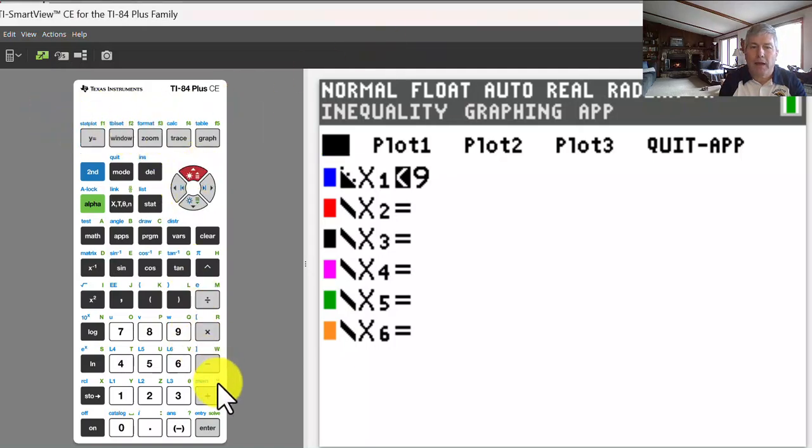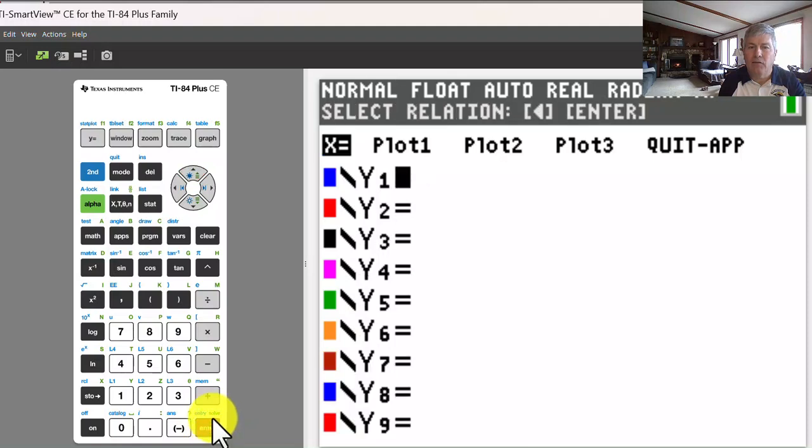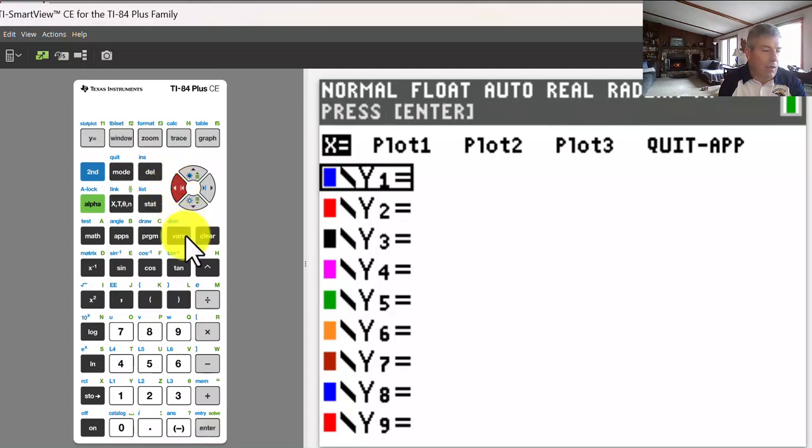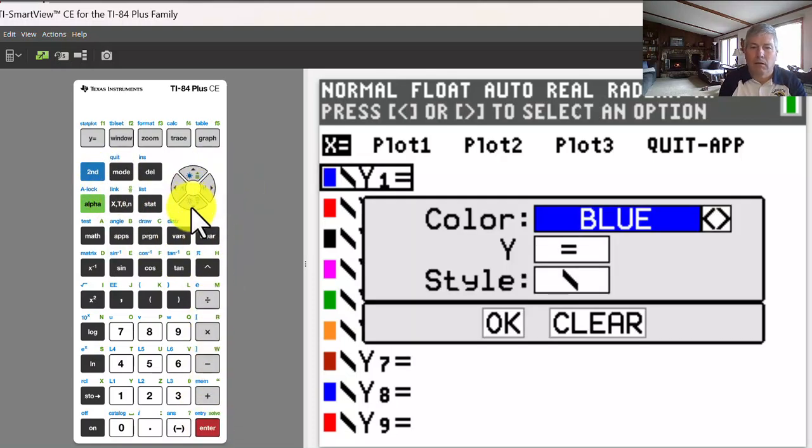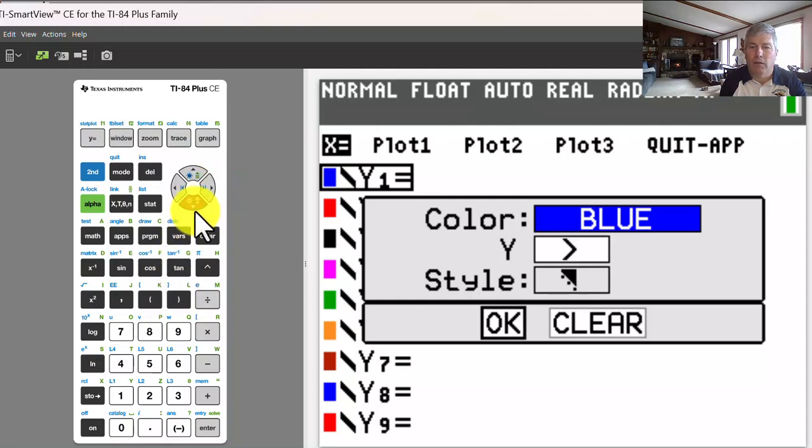I'm going to cursor back up to the y equals, highlight that, hit enter, and now I'm going to put my y equations in. We want y is greater than x. So I'm going to highlight that. I don't mind if that is blue. And we want not less than, not greater than or equal to, but greater than. Y is greater than x.